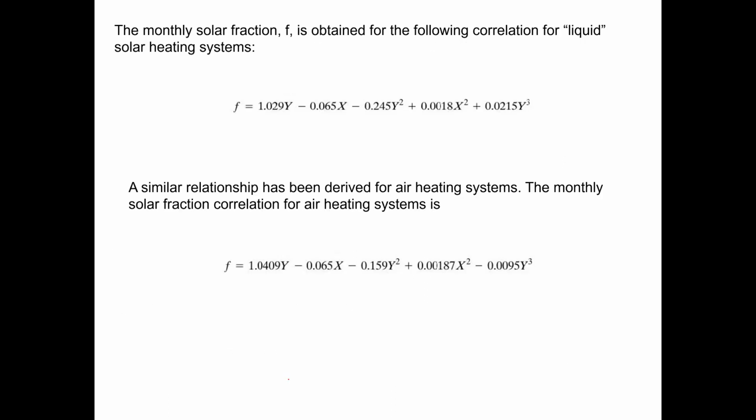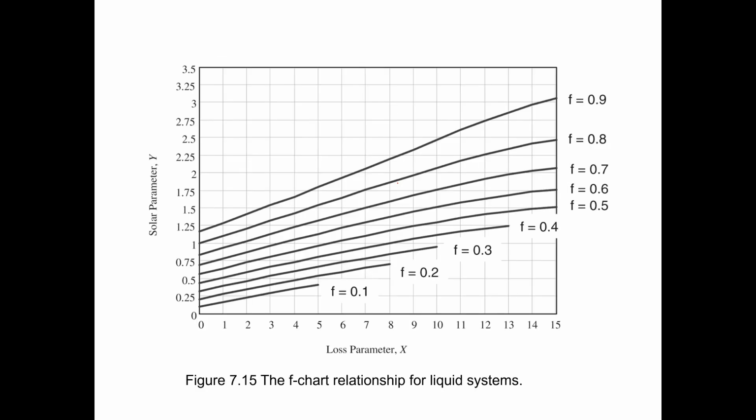These two equations are pulled together to compute that monthly solar fraction F. So for liquid systems, this is the final correlation. And then there's a similar relationship that's been derived for air systems. You can see here a plot of the solar parameter Y versus the loss parameter X as a function of the fraction.